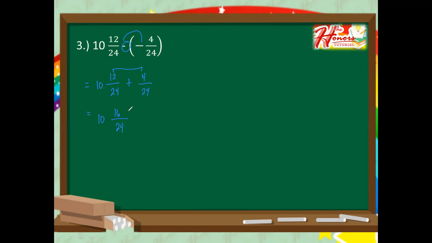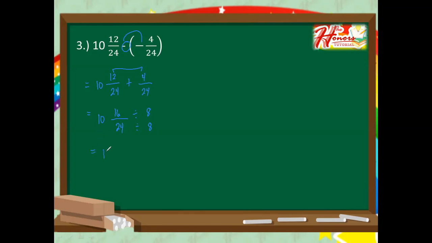Why? It is because there's still a number that can divide 16 and 24 at the same time without remainder. So we will divide it. Please set aside 10. Let's use 8 instead. Do not divide 10 by 8.